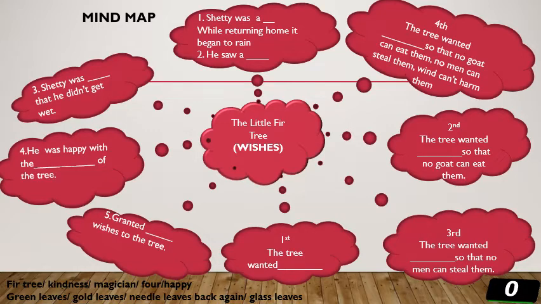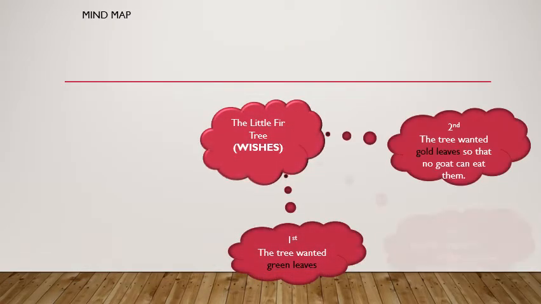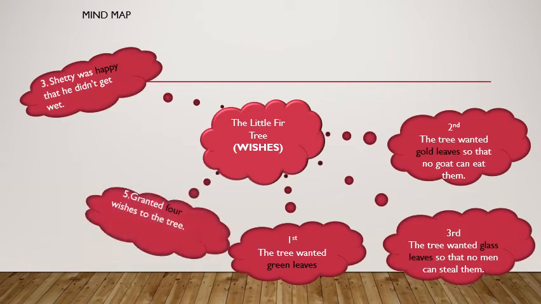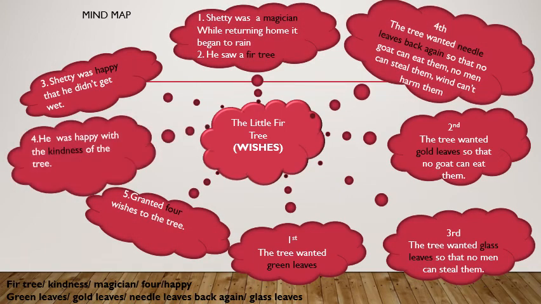So let's see how many of you have remembered this story. Now, let's see how many of you have done it correctly. So, here we are. Number 1, Shetty was a dash, and you need to fill up. So, check whether you have done it correctly or not.